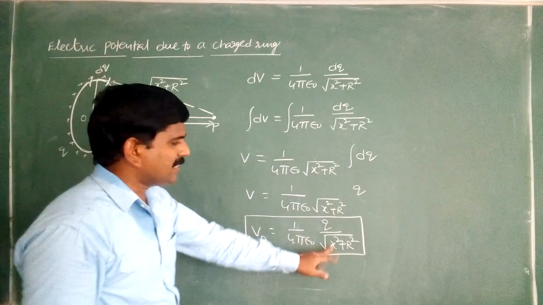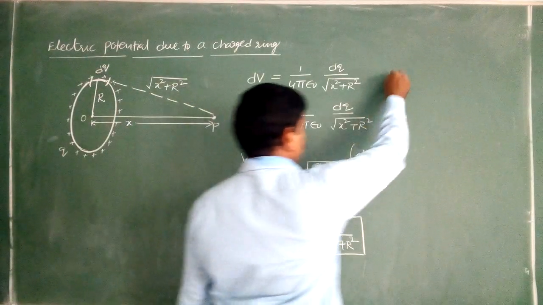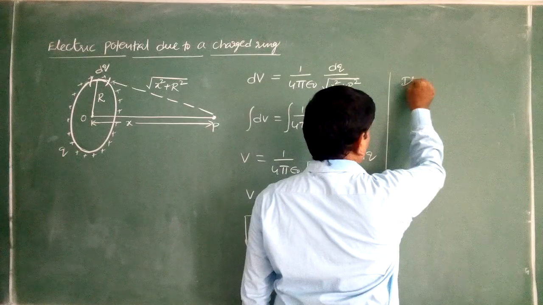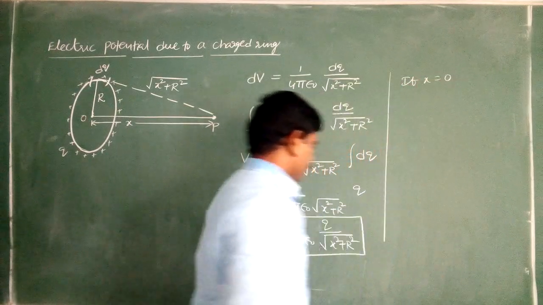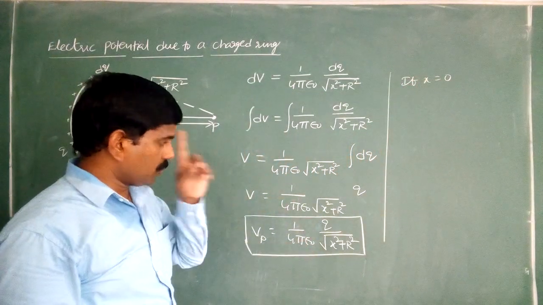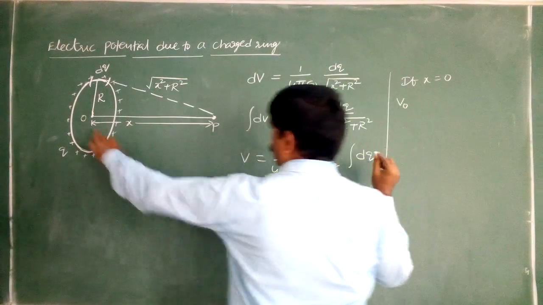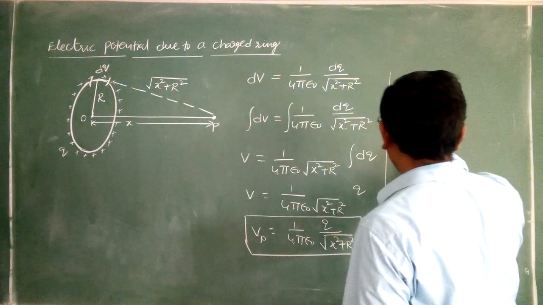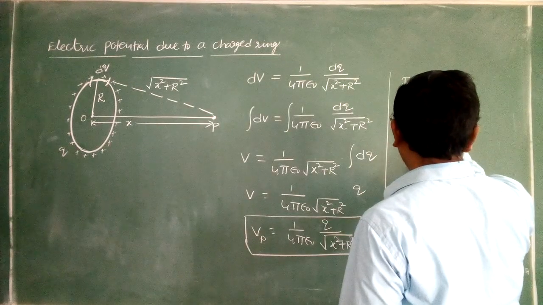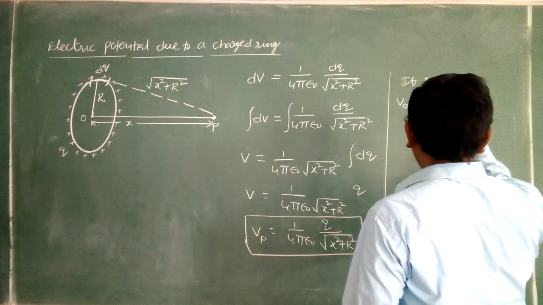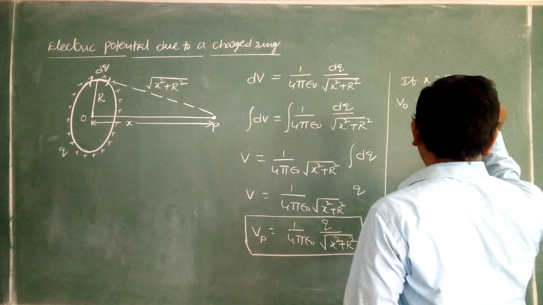In case x is equal to 0, then the potential at point O, at the center, is equal to 1 by 4 pi epsilon naught into Q by square root of r square.